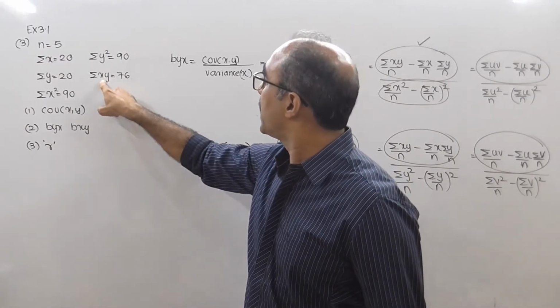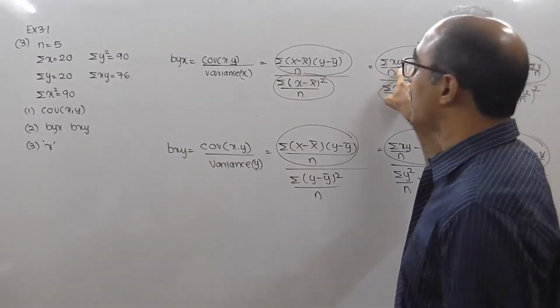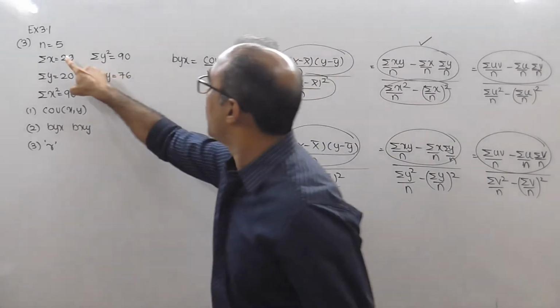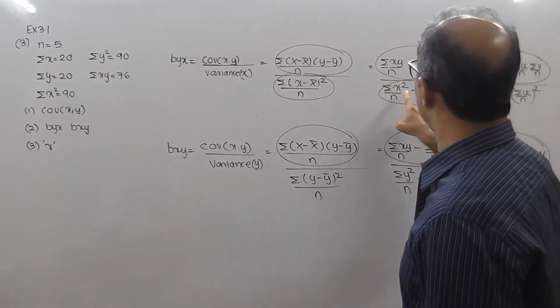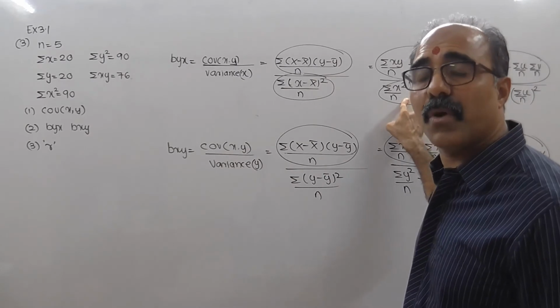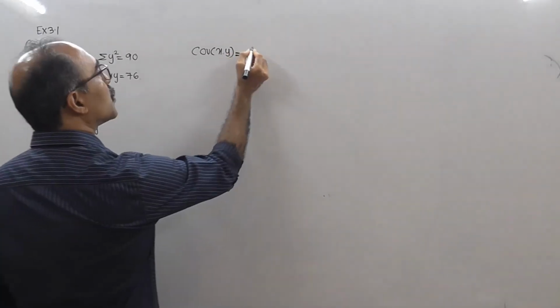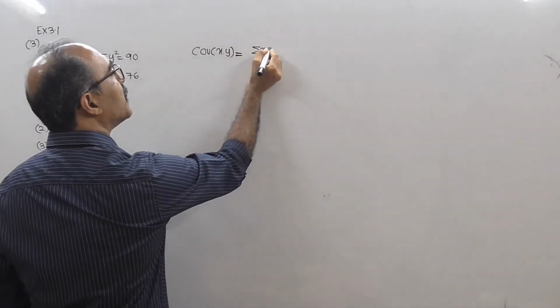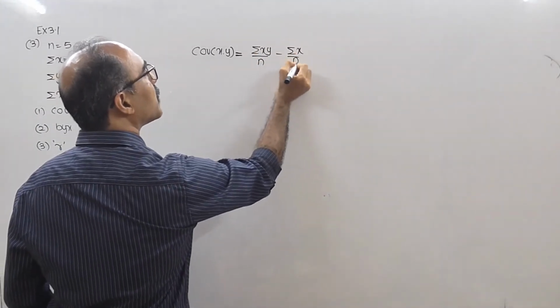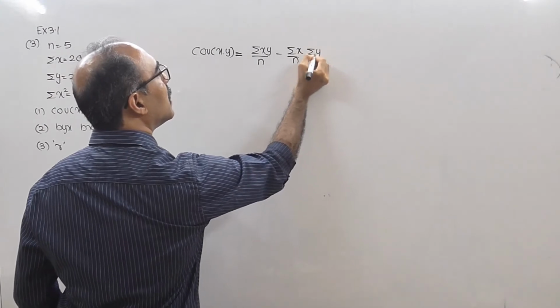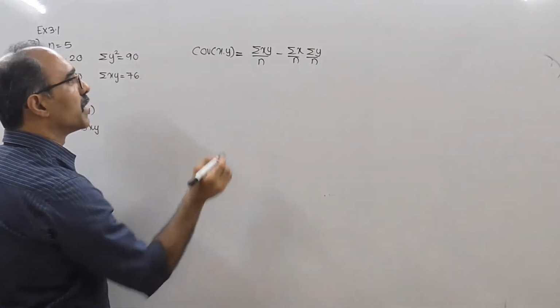Look, xy is given, it is not coming here, it is coming here. Look, sigma x, sigma y. So which is the most ideal formula? This is the most ideal formula for covariance of xy. The formula for covariance of xy will be sigma xy upon n minus sigma x upon n into sigma y upon n, only the numerator.